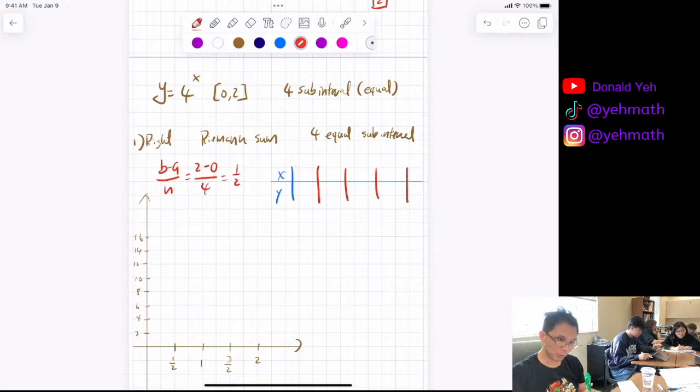So I'm going to do it in terms of 4 subintervals, and I'm going to start with 0, 1/2, 1, 3/2, and 2. I'm going to plug in to get values. What's 4 to the 0 power? 1. What's 4 to the 1/2 power? 2. What is 4 to the 1 power? 4 to the 3/2 power is?